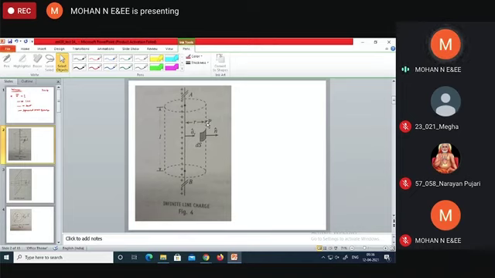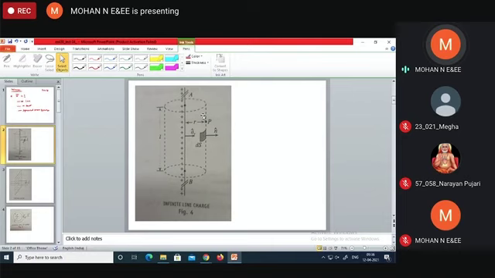I am interested in finding the electric field at this point, so for that reason I have assumed a Gaussian surface, having radius r and length L. For any Gaussian surface, it has to be a closed one. Therefore, we also assume that both the ends of the cylinder are closed.